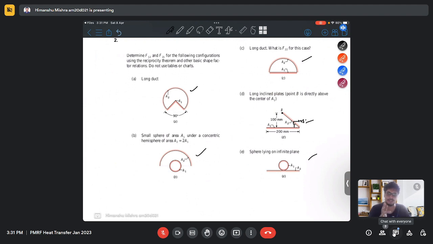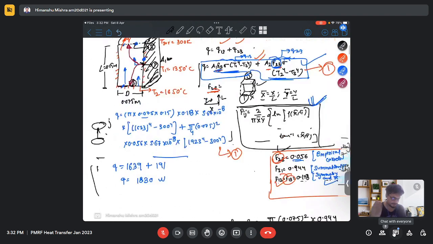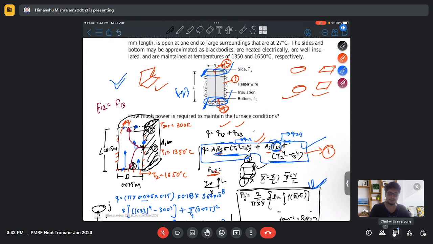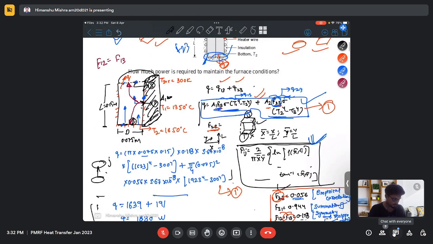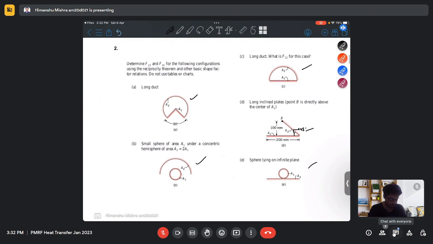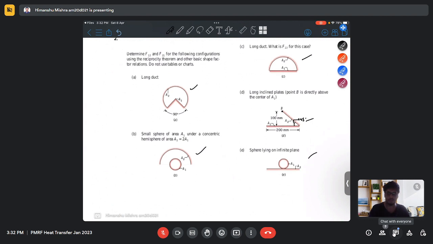Once we get any one shape factor, we can use rules like the summation rule, reciprocity rule, and symmetry rule to find the other shape factors. So to use the analytical techniques, we need at least one shape factor. In the previous question, we did not have even one shape factor, so we had to begin with an empirical correlation or the graphs. But here we will make a proper assumption to use the analytical techniques.